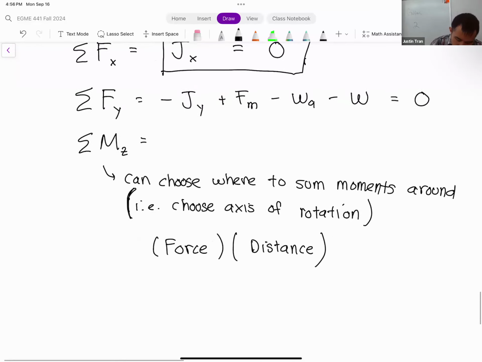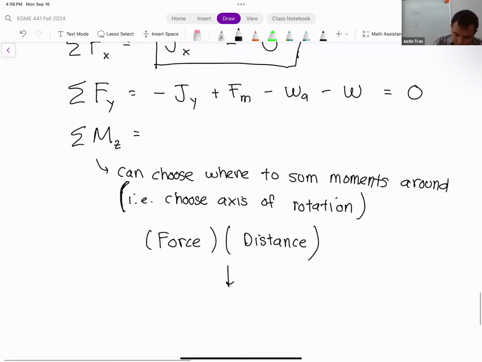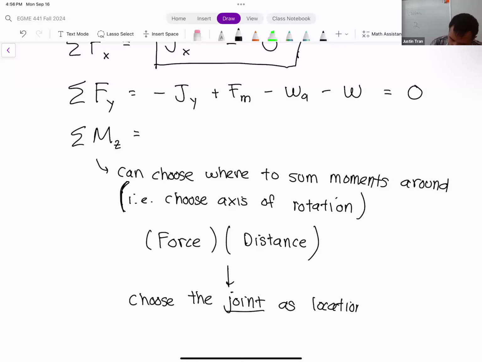And so a common choice, probably the choice you're going to make in every one of these problems, is to choose the axis of rotation to be the joint where the reaction forces are. There's a couple of reasons for this.